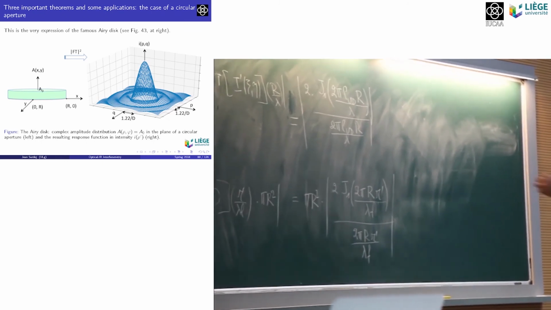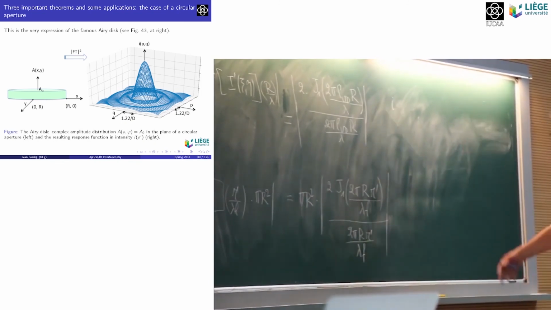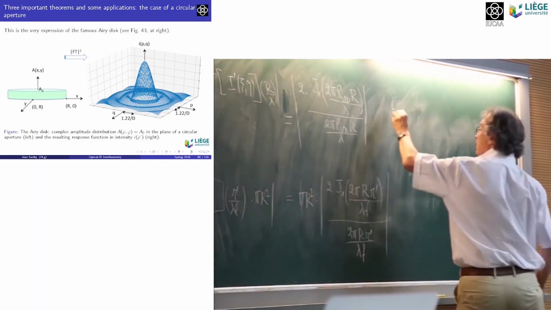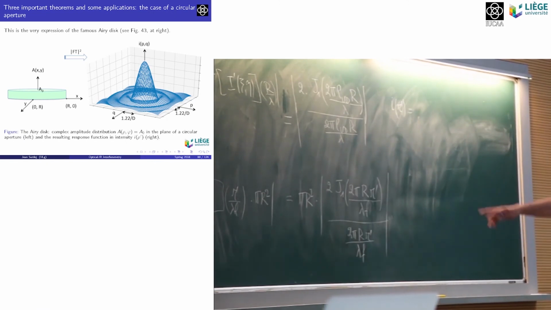Okay, now the intensity only depends on r prime, in fact. So the intensity as a function of r prime is equal to what? Well, I have to take the square of that expression.